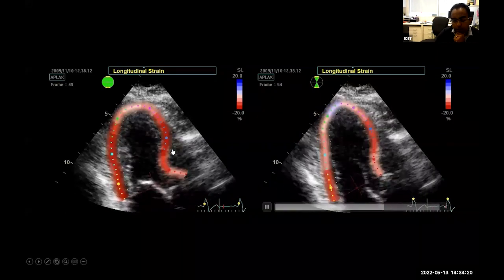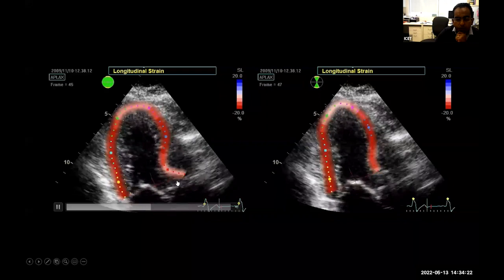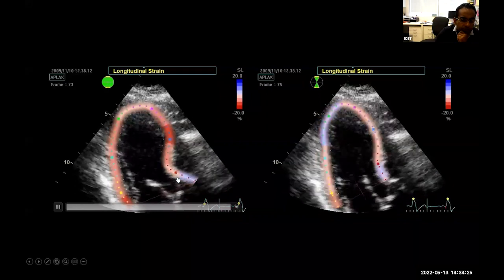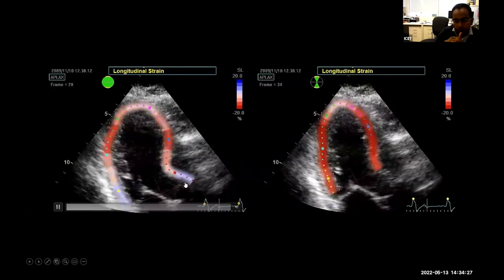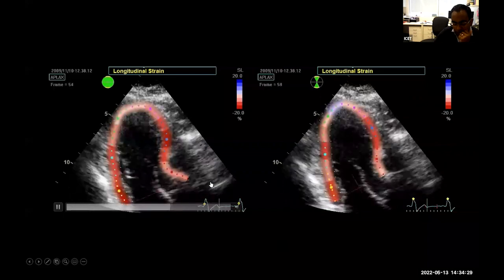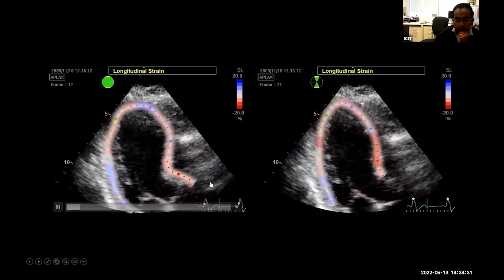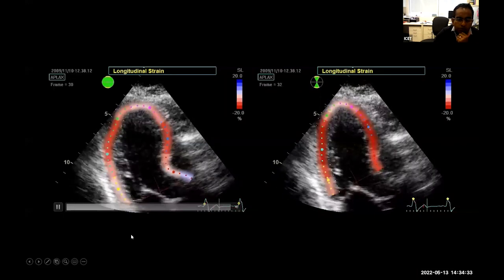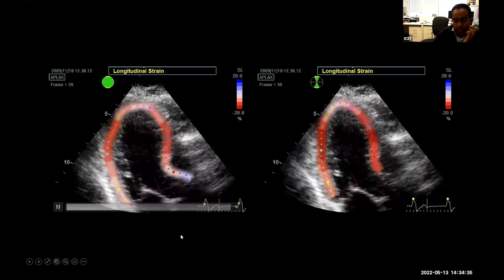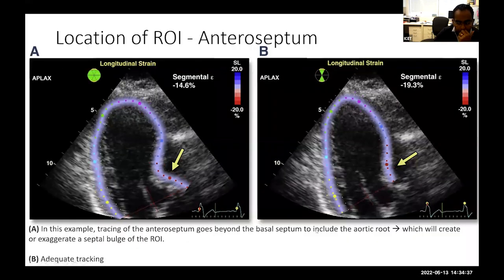And then in panel A, your strain region of interest has gotten into the LVOT region and actually extended further into the aortic root. In this example, the tracings of the anterior septum go beyond the basal septum, which includes the aortic root.